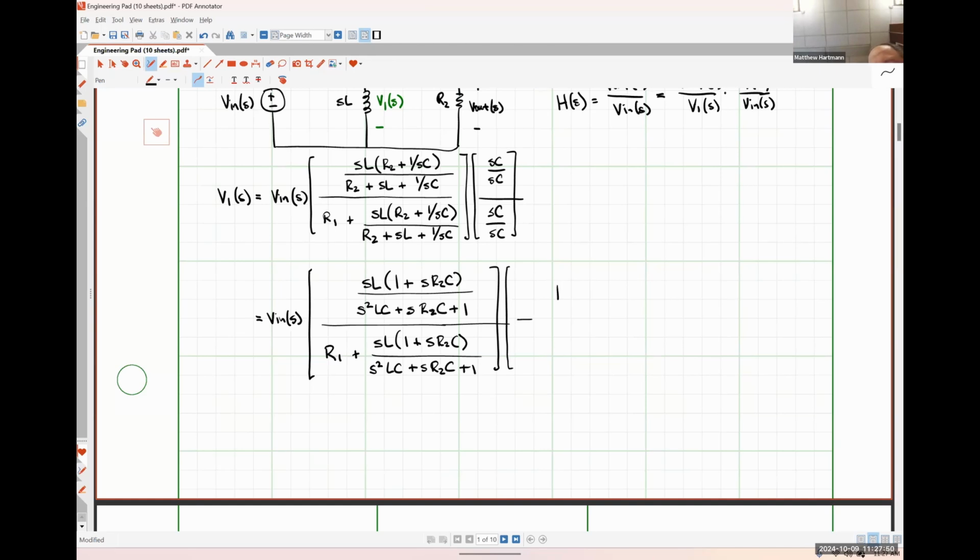Okay. So just to be clear here, I'm just going to multiply now by a factor of 1 in the numerator. And then I'm going to have a factor of S squared LC plus S R2 plus 1. Actually, let me put the same thing up here.